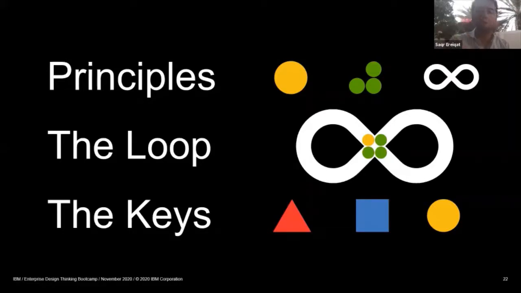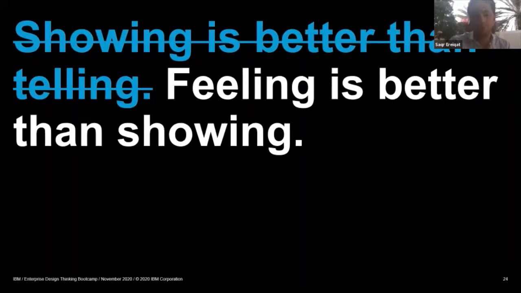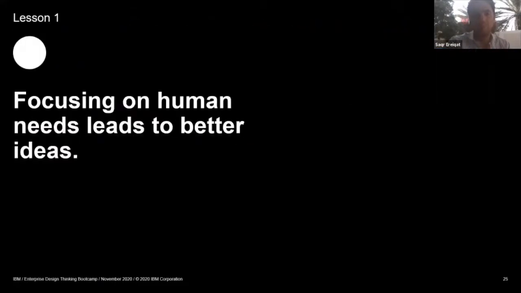Let's look at the principles of enterprise design thinking, the loop that we're going to follow, and the key. As we said earlier, showing is better than telling, but feeling is much better than showing. The first thing that you need to keep in mind is you need to focus on the human experience, because when you focus on the human experience, you will create things that are better for the person that you're working with.